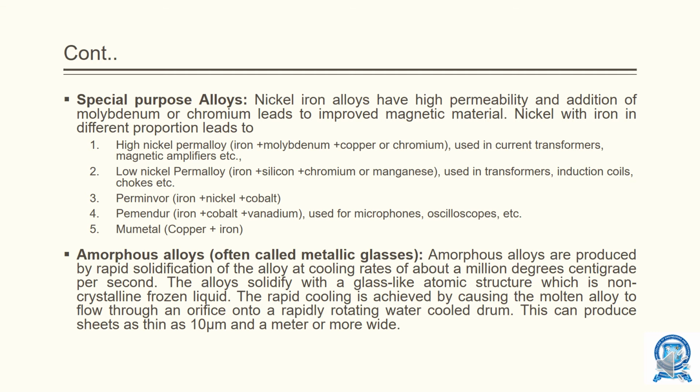The rapid cooling is achieved by causing the molten alloy to flow onto a rapidly rotating water-cooled drum. This can produce sheets as thin as 10 micrometers and meters or more wide.